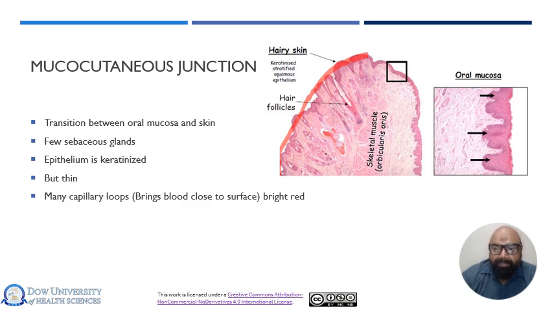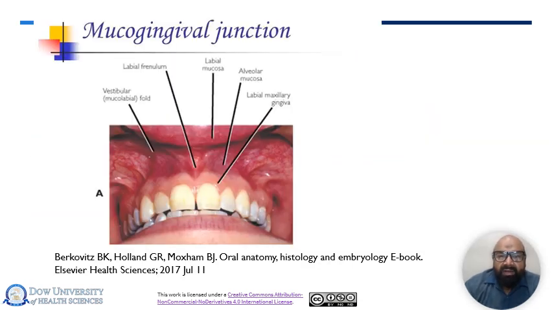So next we'll be looking at the mucogingival junction, and this mucogingival junction is where the alveolar mucosa meets the attached gingiva. So this is the area where we have the mucogingival junction.